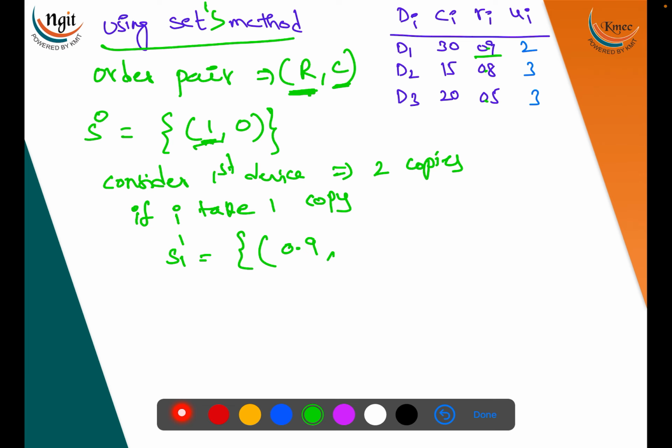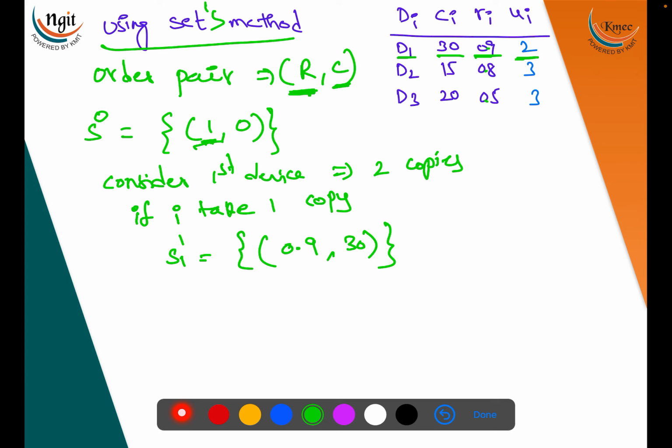D1 cost is 30, so directly write 30. This is for a single copy. But I have a provision of taking 2 copies.